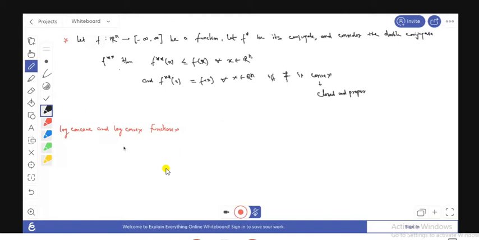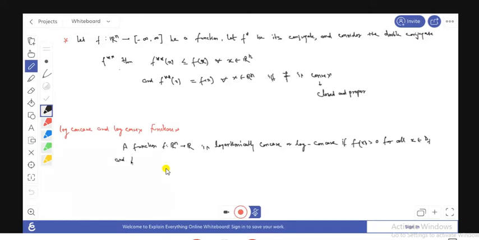Okay. So a function which is from R to R is logarithmically concave, or we say log concave, if your function f is greater than 0, your f of x is greater than 0 for all x belonging to the domain of f, and log f is concave.